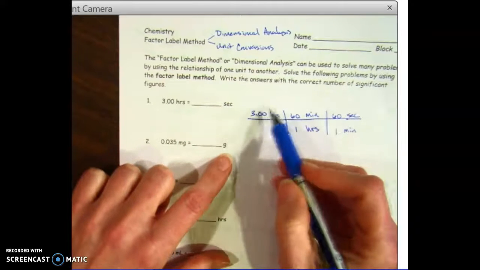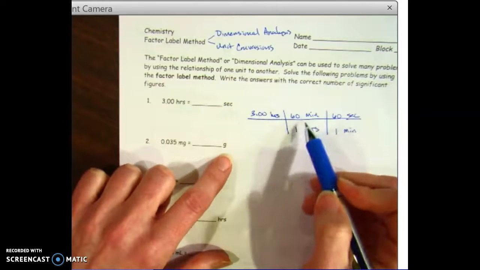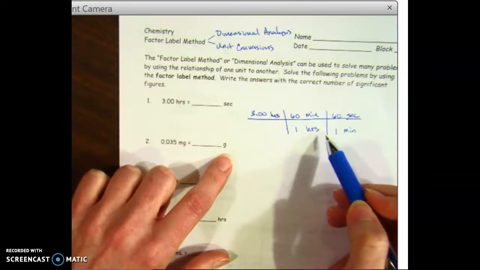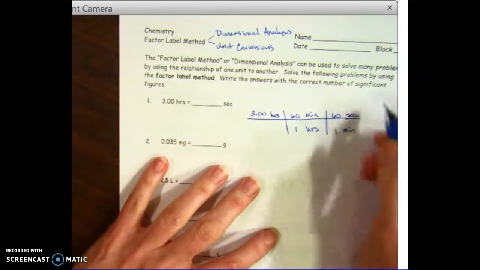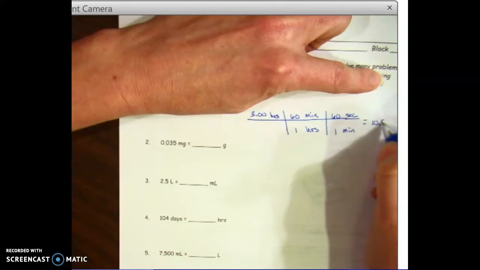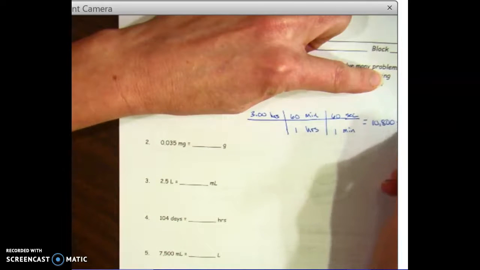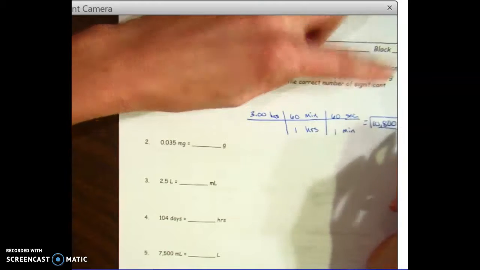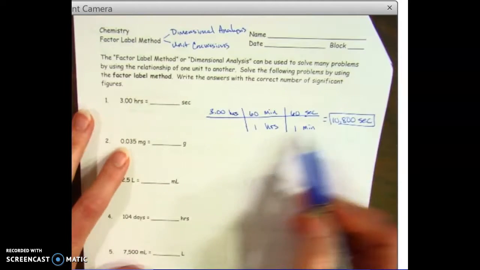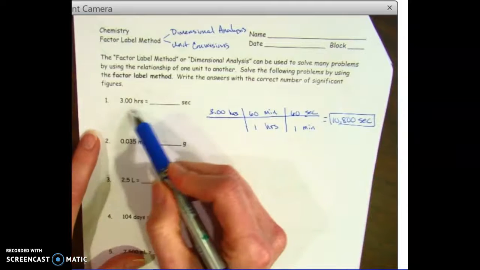So now in your calculator, 3.00 times 60 times 60. Then you divide by what's on the bottom. It'd be divided by 1, which you don't need to do with your calculator. And it's 10,800 seconds. Now, for sig figs, you want the same number of sig figs that you have in the number you started with.